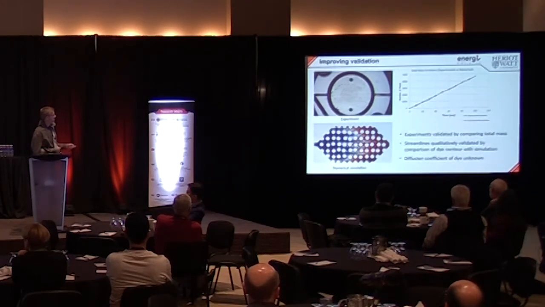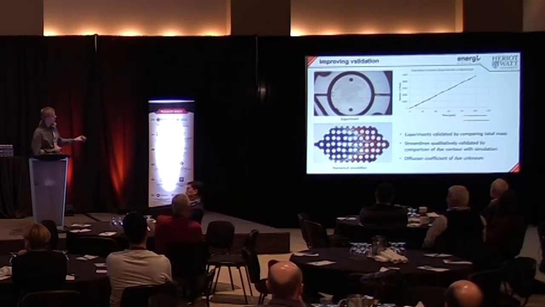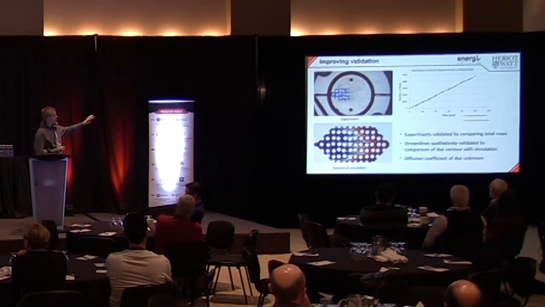Continue to improve our validation. So we do our flow experiments with dyes and compare this to the numerical simulation. We have some ways now to quantitatively extract the amount of mass that was injected through, we can measure it using image analysis. We can, over time, calculate how much mass has entered our pore geometries and our micromodel.